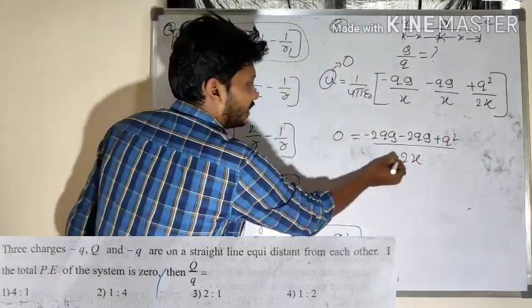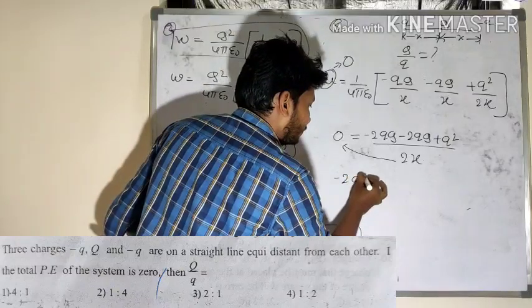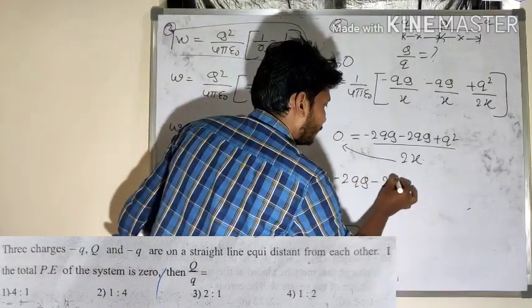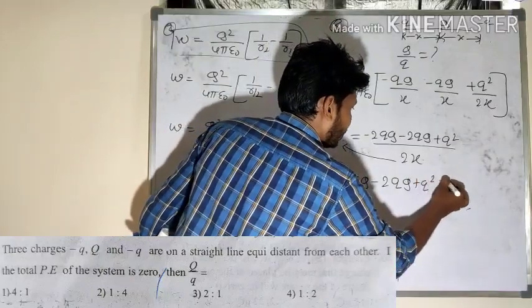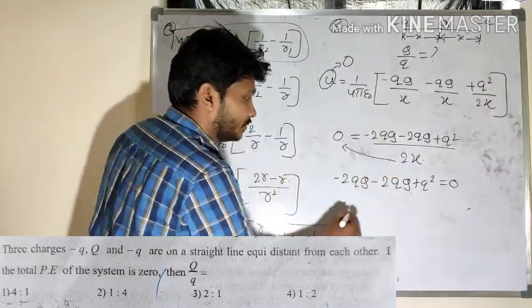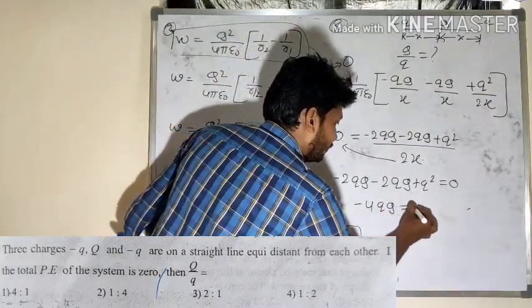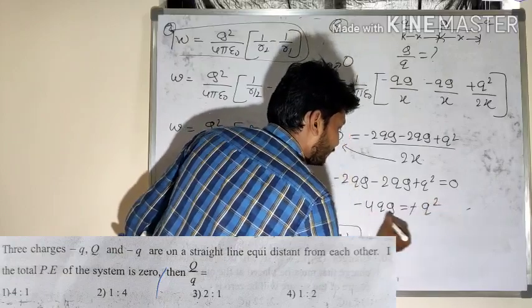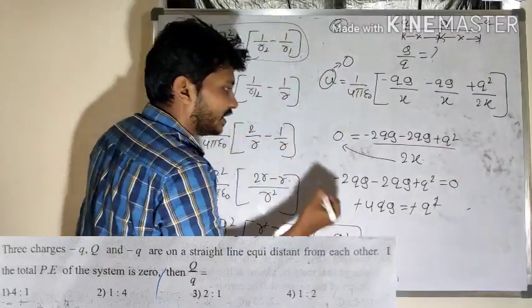Then what remains is minus 2 times of q into Q, minus 2 times of Q into q, plus q square, equal to 0. Minus Q into q minus Q into q, so that is minus 4 times of Q into q. It is equal to minus q square. One q term will get cancelled out.